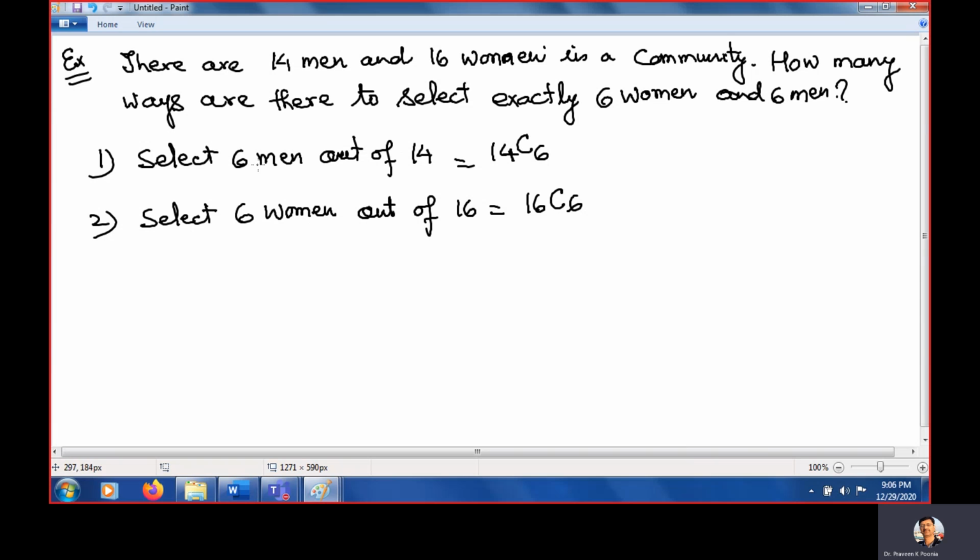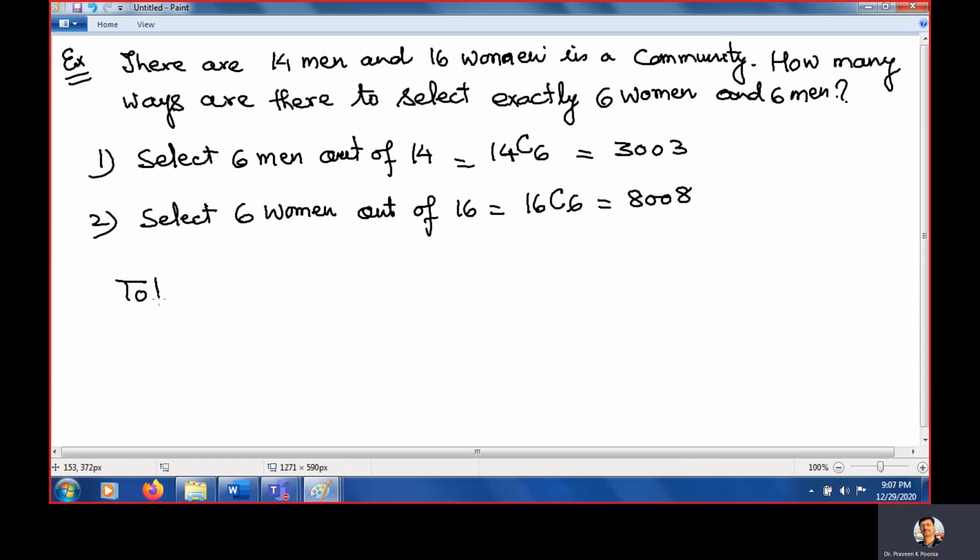Clear? So this much number of men we have calculated, and if you simplify, you will get the value 3003, and if you simplify here, you will get the value 8008. Clear? So this is separately, but we need to make a group together, 6 women and 6 men.